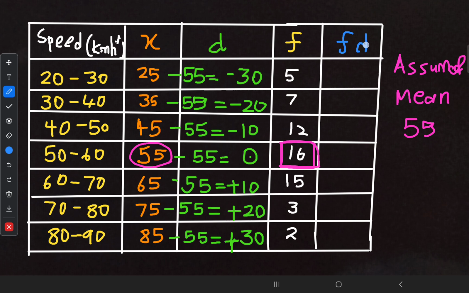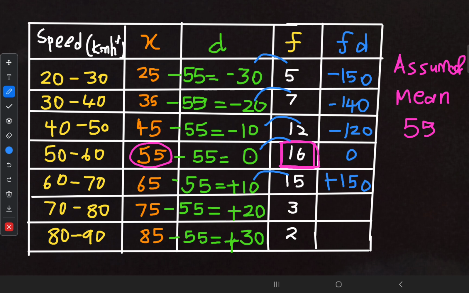Then finally, our task is to fill up the FD column. FD means multiplication of frequency with its respective deviation. It's very easy. F is 5, deviation is negative 30. When you multiply, that will give you negative 150. 7 times negative 20 is negative 140. 12 times negative 10, negative 120. 16 times 0, 0. 15 times positive 10, positive 150.